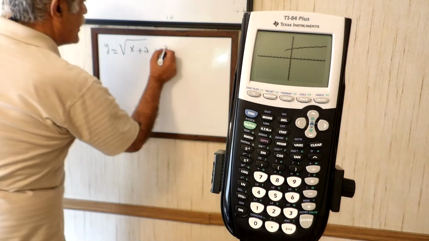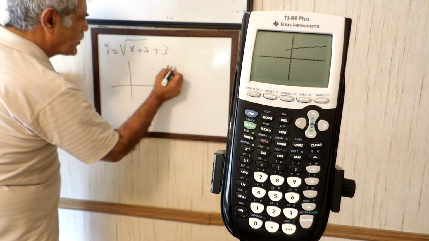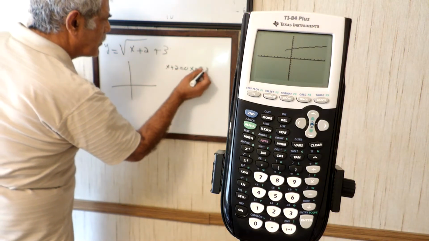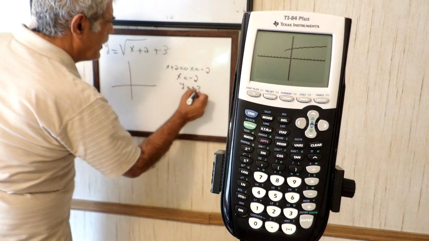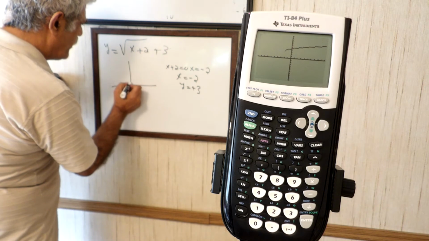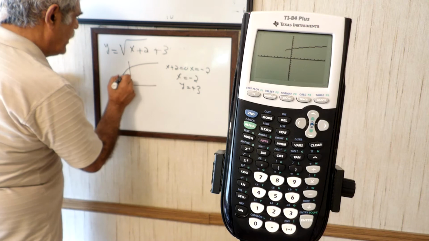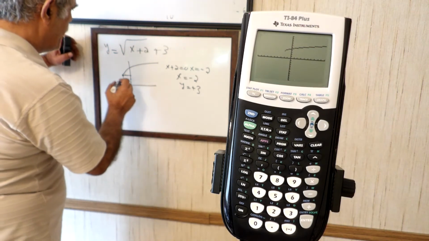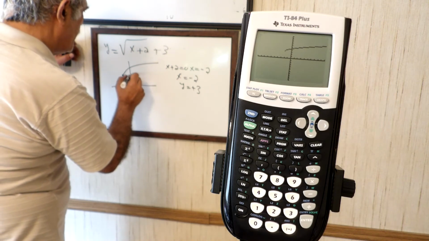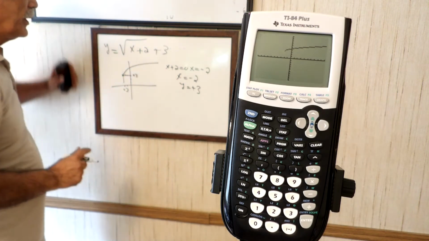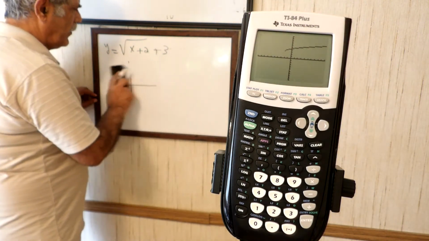Under the radical, x plus 2 equal to 0 gives x equal to -2. So it's x at -2, y at 3. See, minus 2 here and plus 3. They start from here and then go there. So if you want to find the domain and range of these functions, x goes from -2 up to infinity, and y goes from 3 up to infinity.